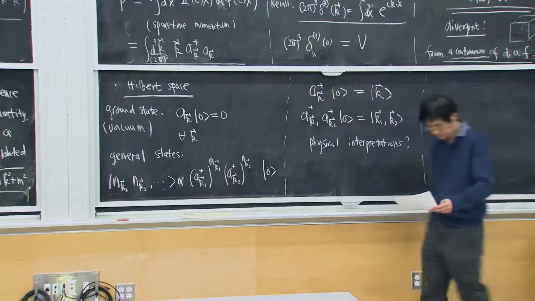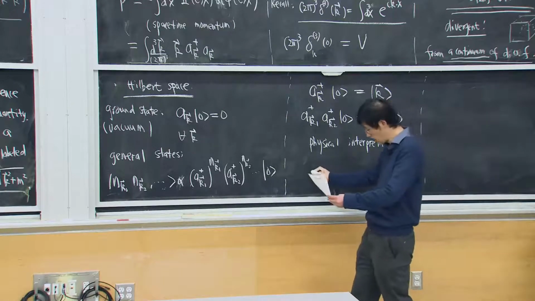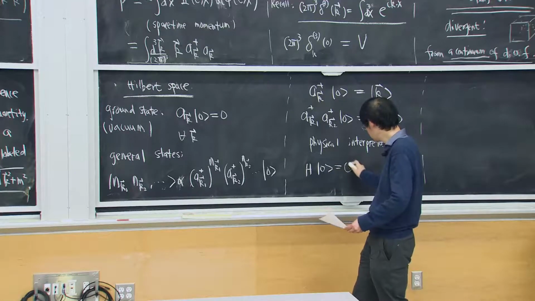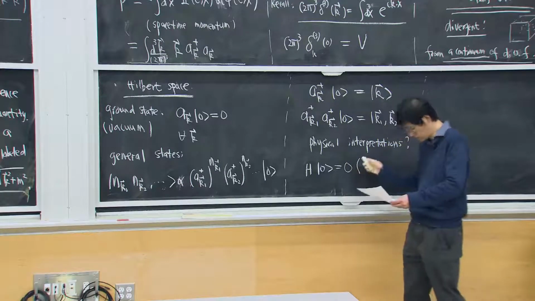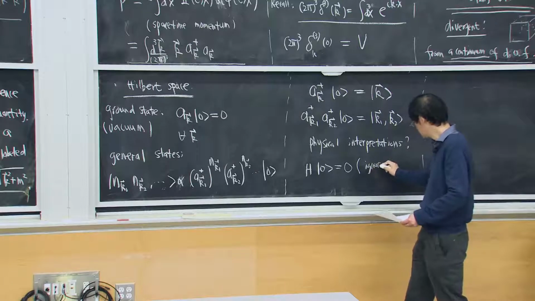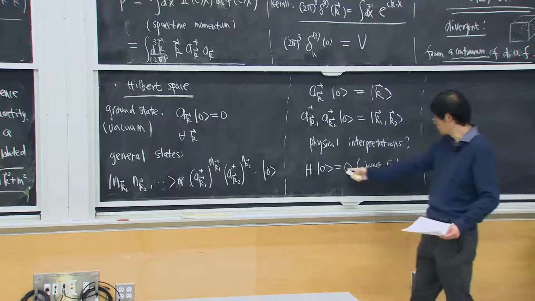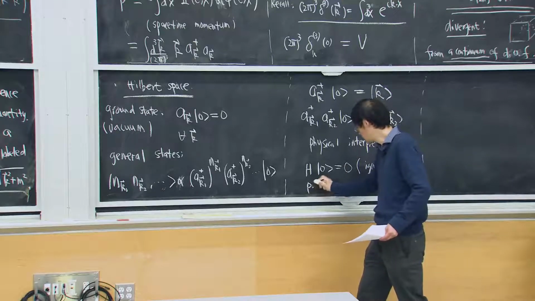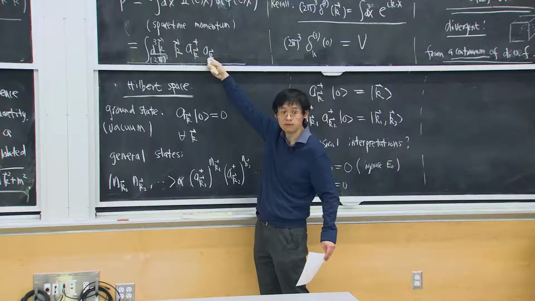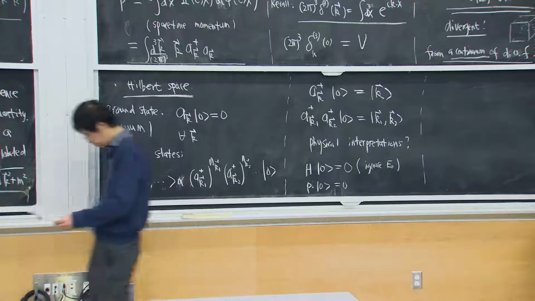So for example, H acting on the vacuum 0, of course you get 0, assuming we throw E0 away, ignore E0 so far. And for the ground state, P_i acting on 0, of course it's 0. You can see it just because this has a_k here. And E also, when we throw this away, you have this.